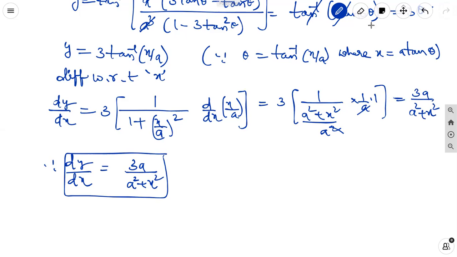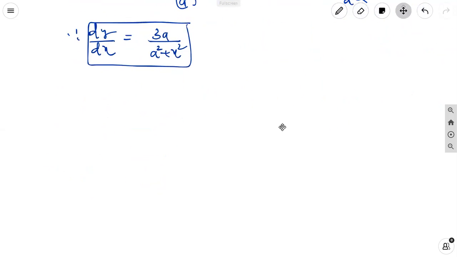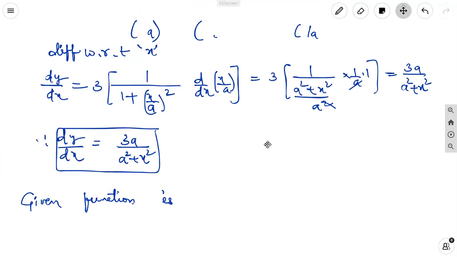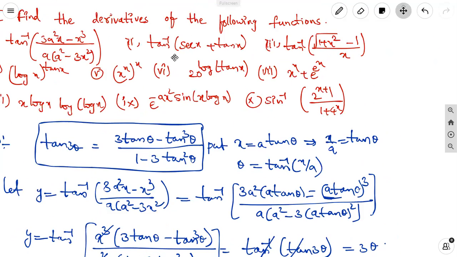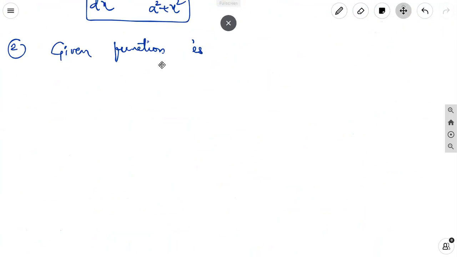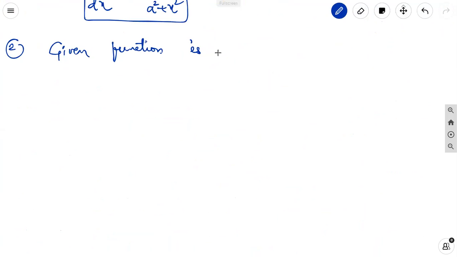Second question. Second one, given function is tan inverse of sec x plus tan x.